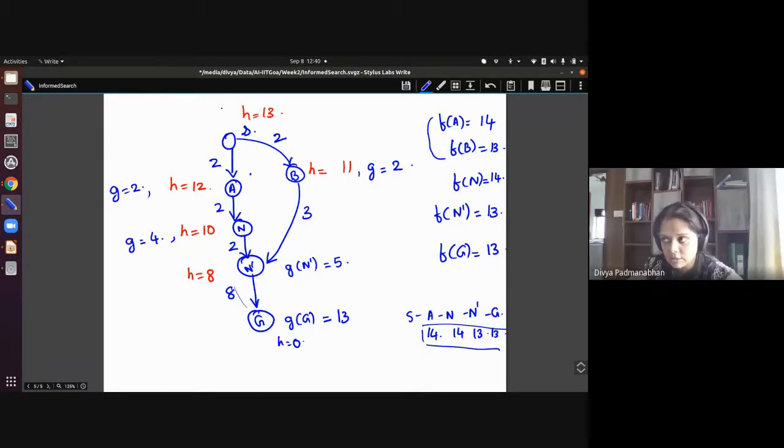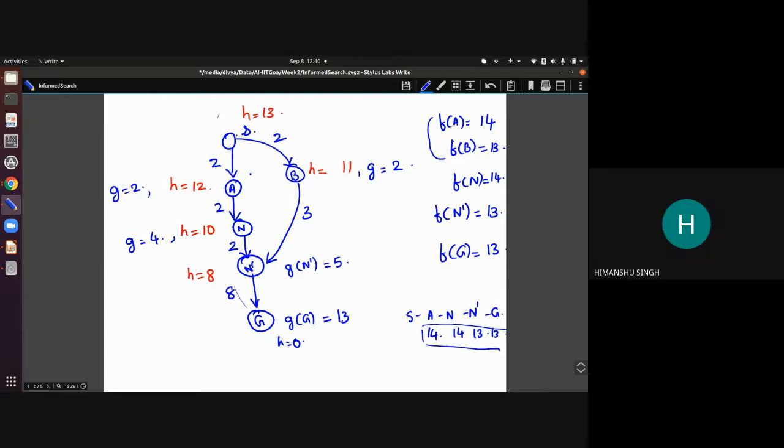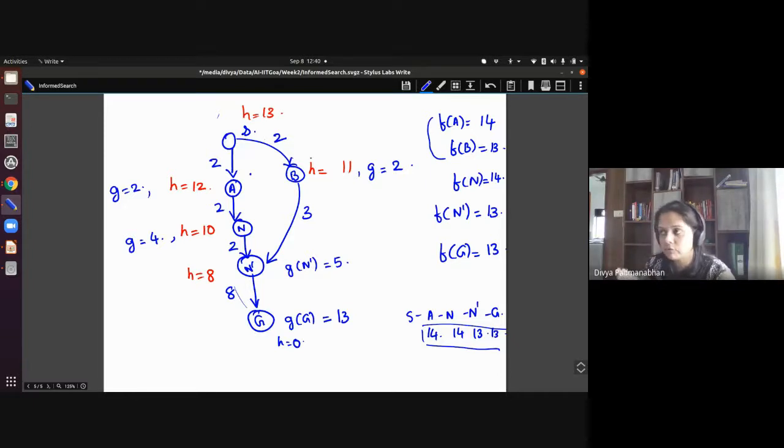So if you traversed along this path, I mean, suppose you didn't have this path. Yes, ma'am, because if we don't go through B, then f n dash will not be calculated from that value. So it will be 14, 14, 14, 14. So suppose you didn't have this path via B, then it's fine, right?